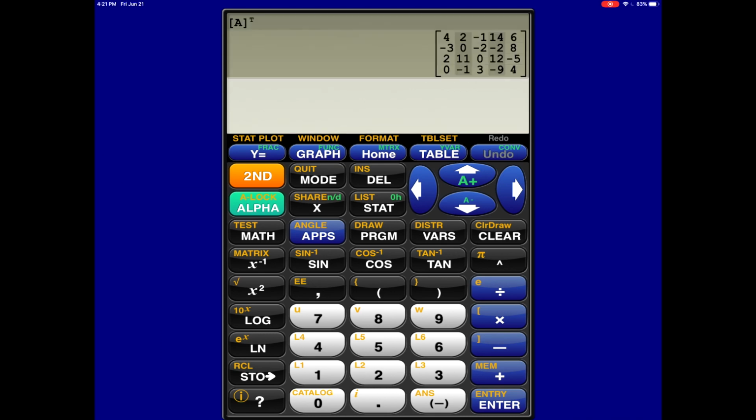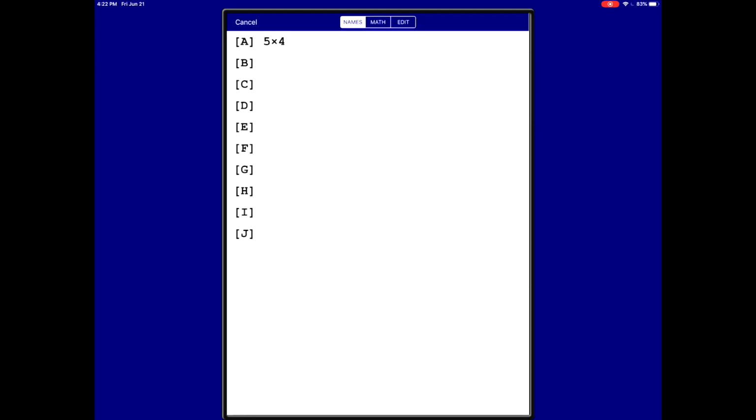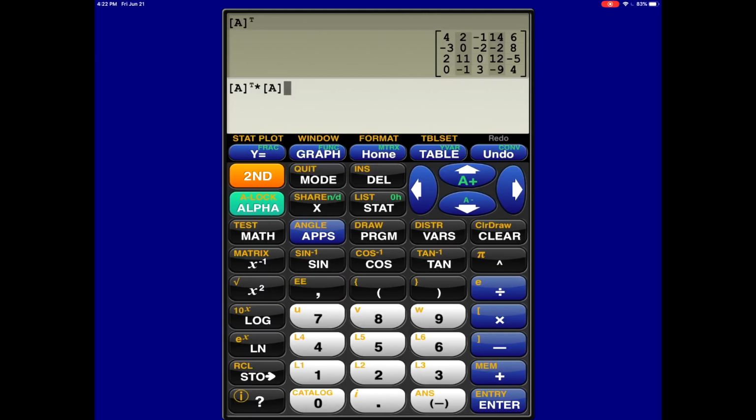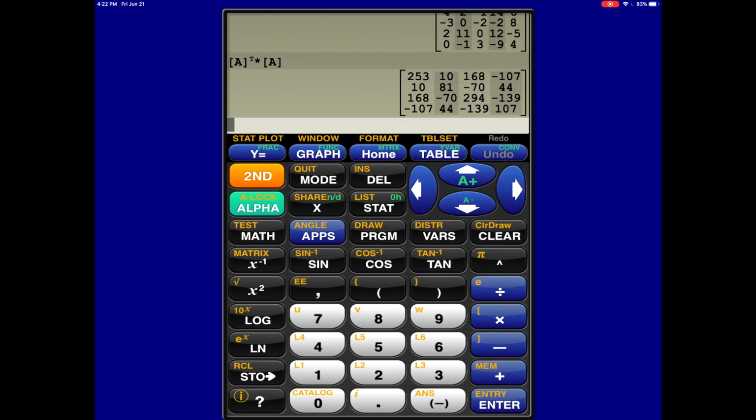And look, we got our transpose, and it has dimension, beautiful, 4 by 5. Okay, so let's do the multiplications. Ready? I'm going to hit second entry. That'll give me my A transpose back, and then times, and let's go to our A. And see what we get.